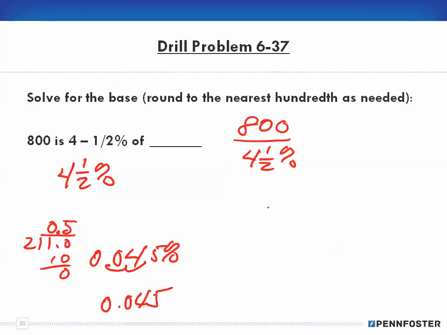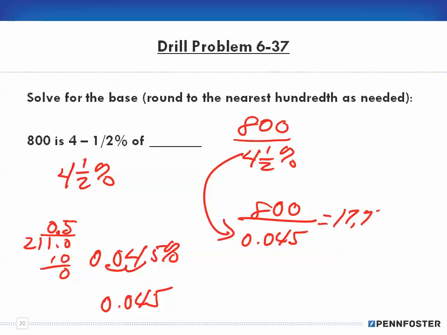And now I can rewrite my initial equation of 800 divided by 0.045 because I converted the mixed fraction into a decimal. And I end up with 17,777.7777, which goes on forever.